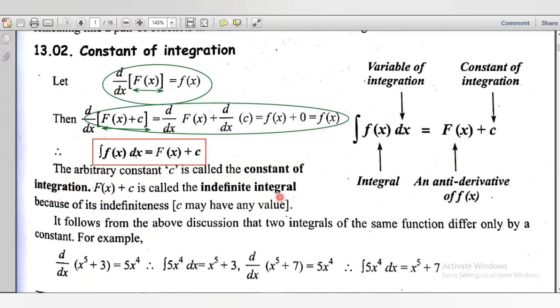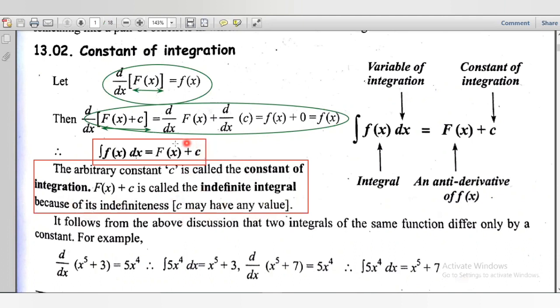F of x plus c is called the indefinite integral, because of its indefiniteness: c may have any value. I guess you understood why we call it the indefinite integral. These are very important lines. The arbitrary constant c is called the constant of integration, and F of x plus c is called the indefinite integral because c can have any value, 10, 5, or whatever.